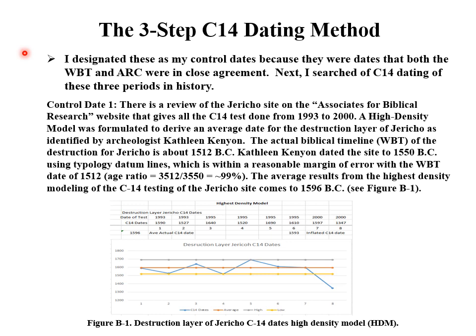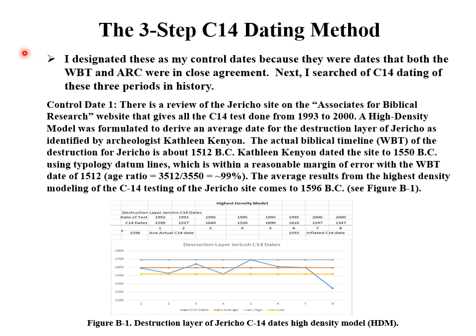So Kathleen Kenyon is the one that established the archaeological date of that layer, the destruction layer of Jericho. All right, and then when we talk about a high density model, we're talking about high density of the data. So we're going to look at all the data and everything that creates a little clump. We're going to count as valid test results. Anything outside of the clump data is going to be disregarded.